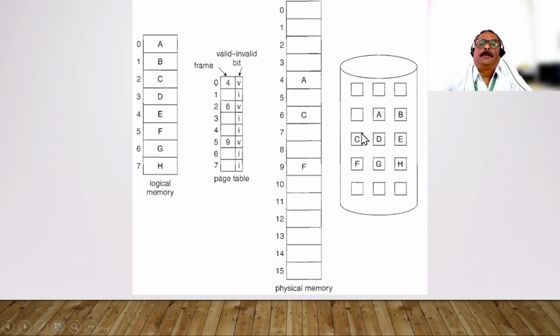So the process of getting B in this place is called swap in, and the process of moving F out back to the secondary is called swap out. So this process, swap in swap out, is done continuously, and if the page faults are more, then it is going to degrade our system performance.